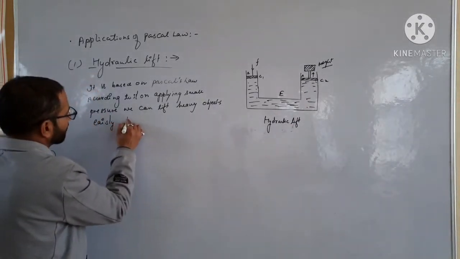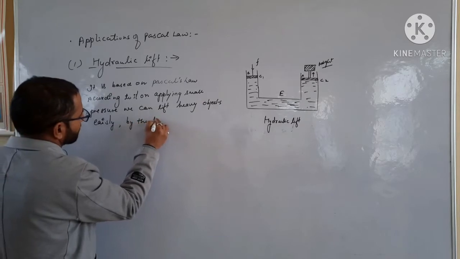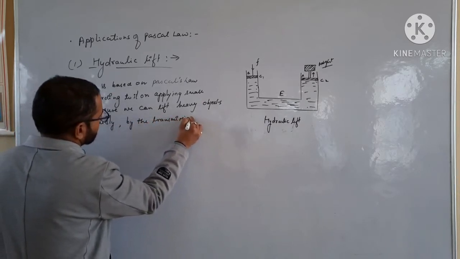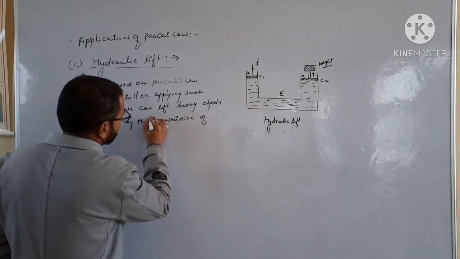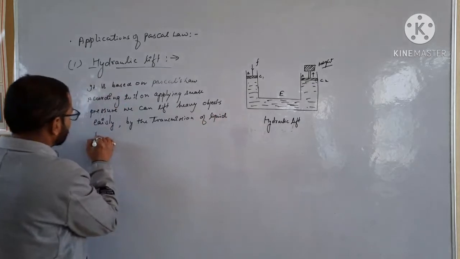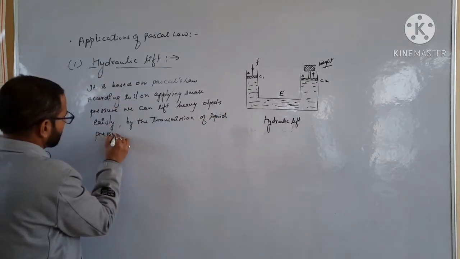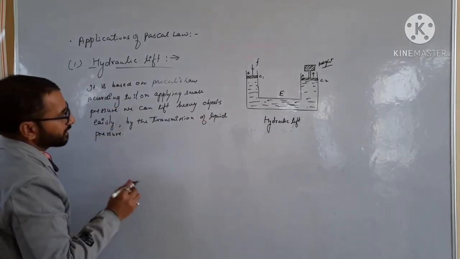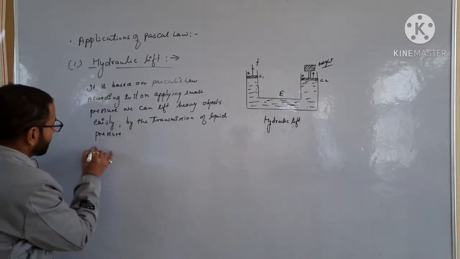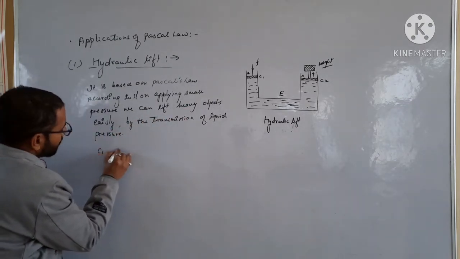or by the transmission of liquid or fluid pressure. Point clear? So see, initially, according to this diagram, we have C1 comma C2.